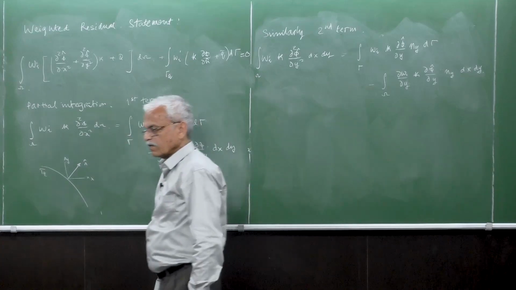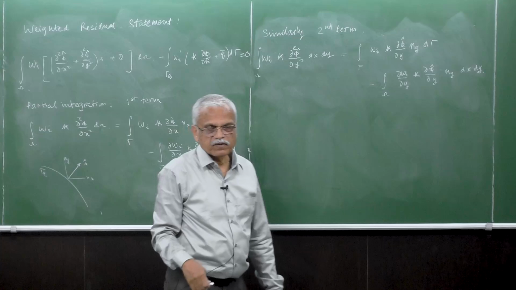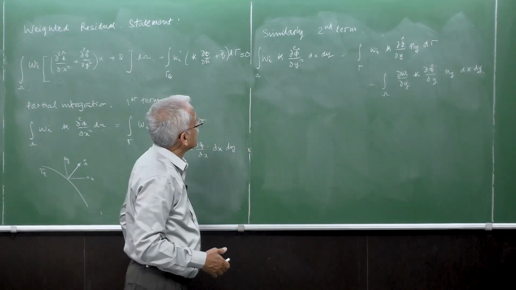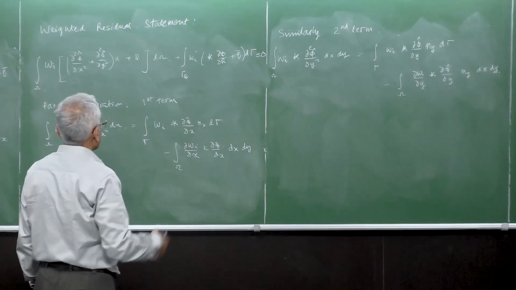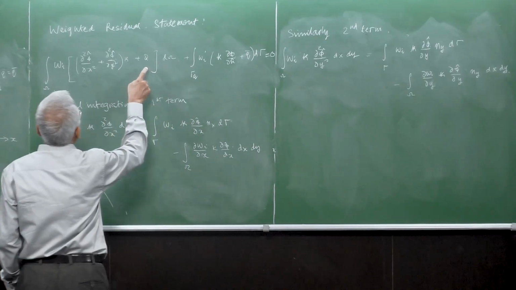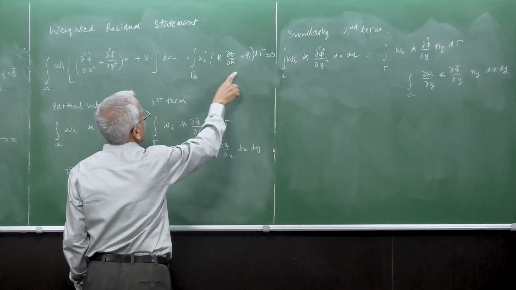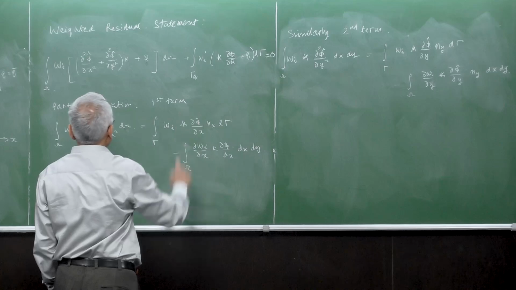So sometimes I write dΩ, but in 2 dimensions it is actually dx dy. This is how the second integral looks, followed by an integral of Wi times q, and another integral on Γq.